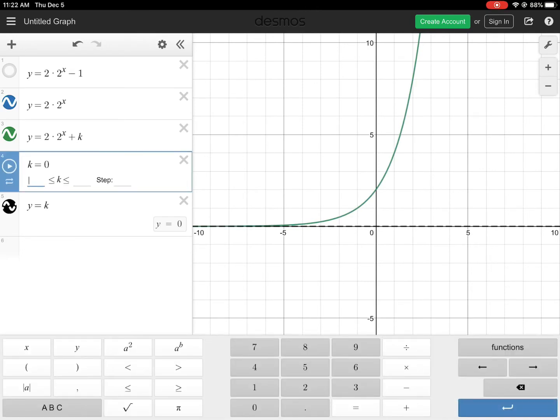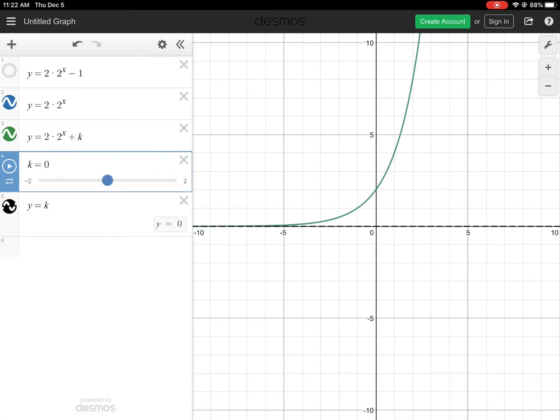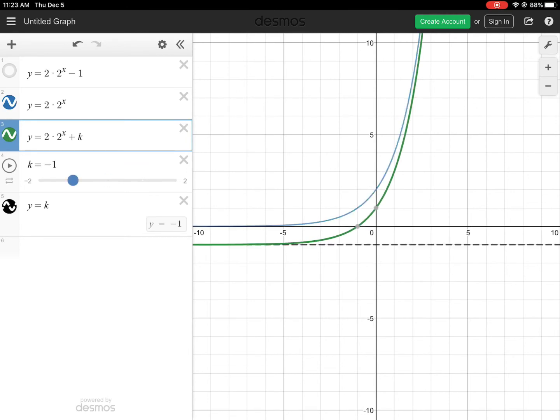Oh my goodness. Hold on. Let's do some stuff here to make this work easier. Okay, so there we go. So when it was at 0, okay, we had this point right here. But as we shifted that k down, okay, our points all shifted down 1.